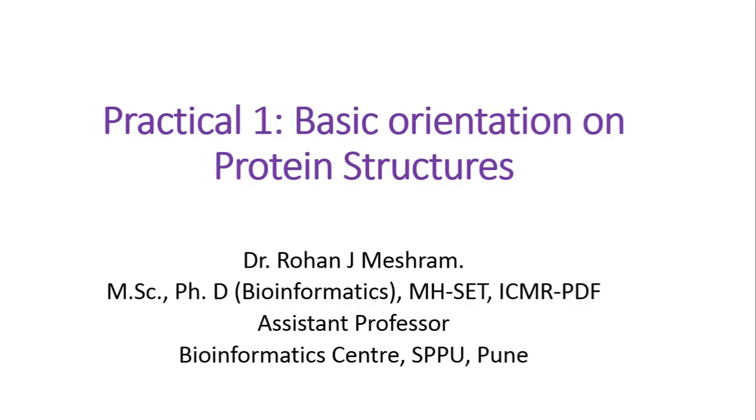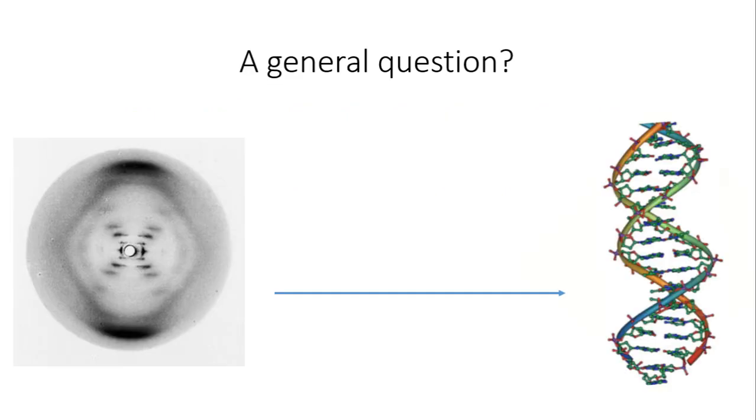Okay, so to begin with, I usually used to have a general question. This photograph is a very famous photograph, and you might have seen this beautiful picture in basic biochemistry books.